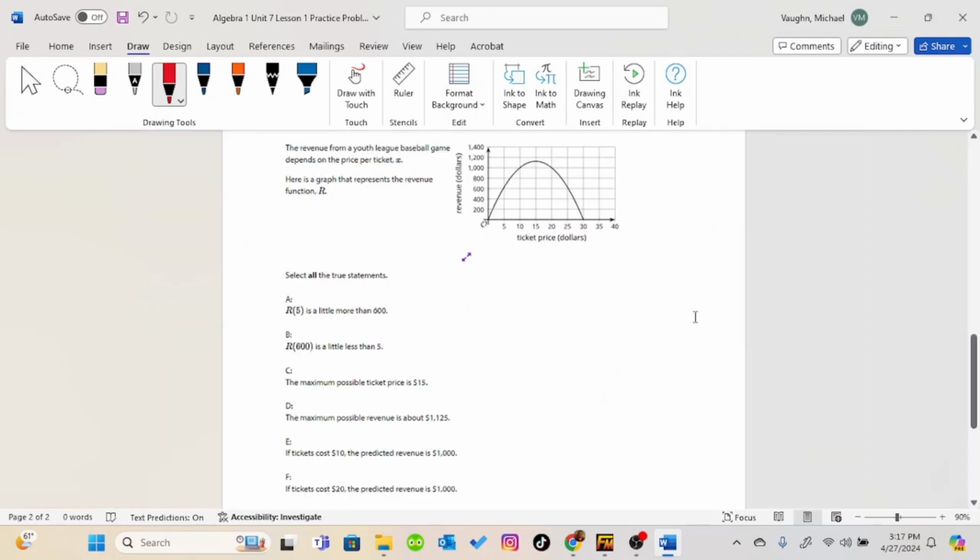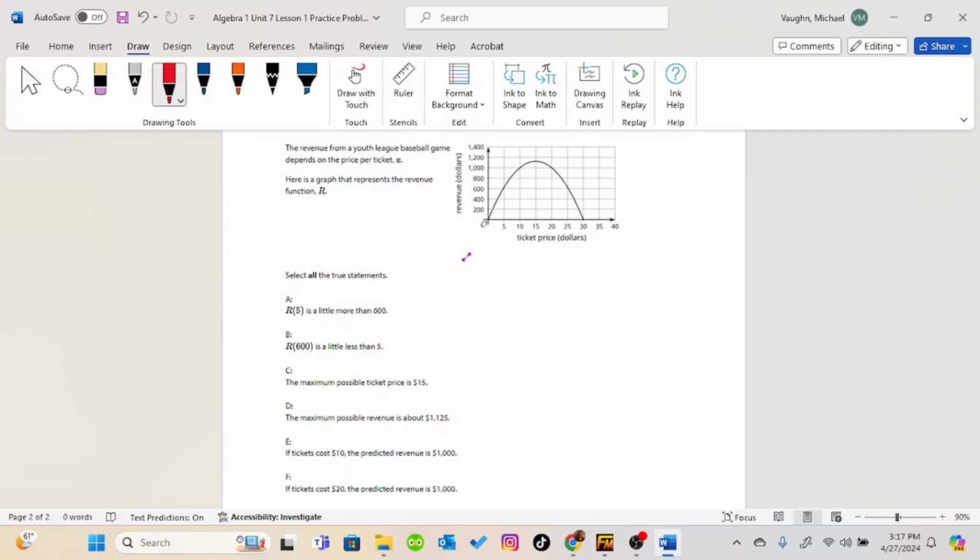The revenue from a youth baseball game depends on the price per ticket X. Here is a graph that represents the revenue function R. Select all the true statements. Choice A. R of 5 is a little more than $600.